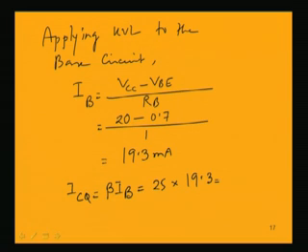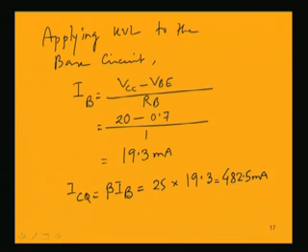So, if we do this multiplication, we get a value of 482.5 milliampere. That means it is 0.4825 ampere. So, almost 0.5 ampere collector current is flowing, DC collector current.